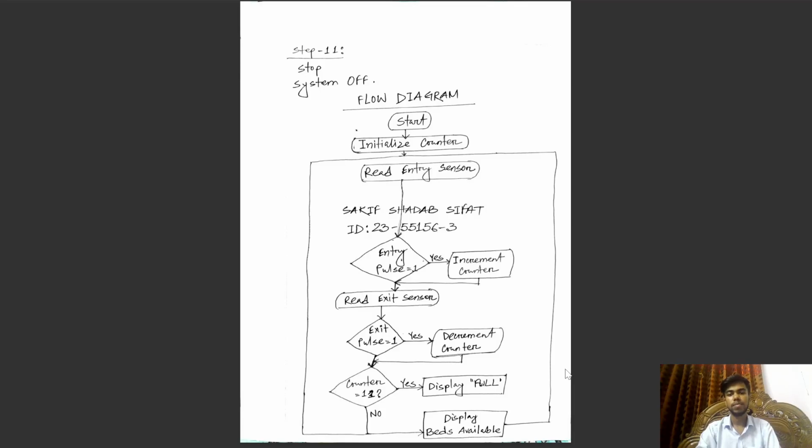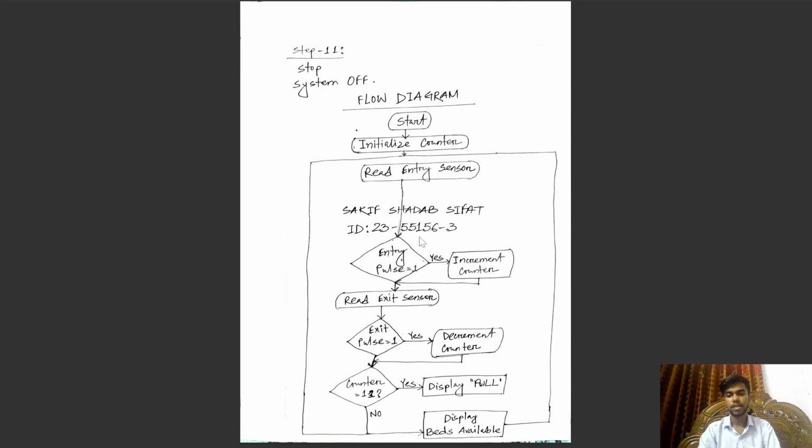On the flow diagram we can see that it starts and then initializes the counter, and from read entry sensor to display beds available, everything is under initialize counter. So let's go through it. First it reads the entry sensor, then it goes to the entry pulse.